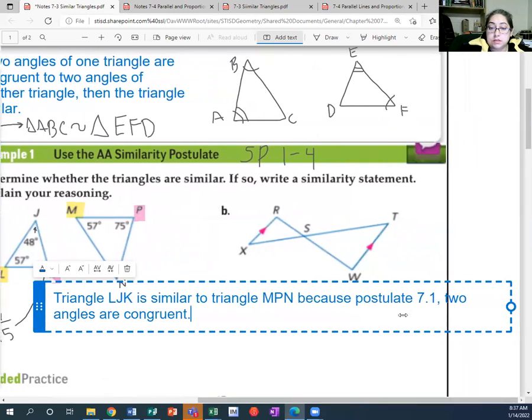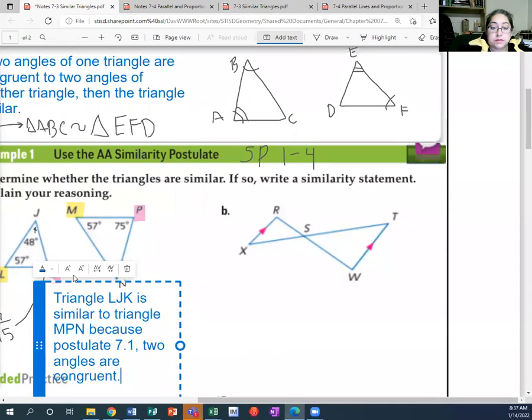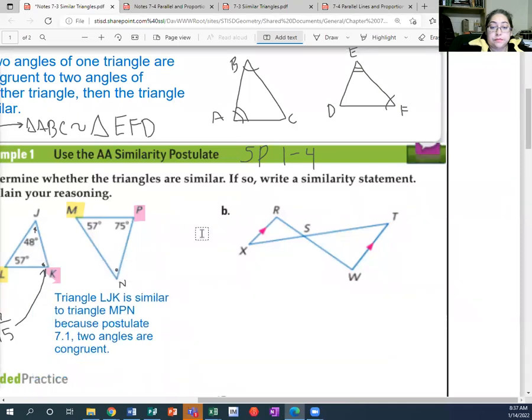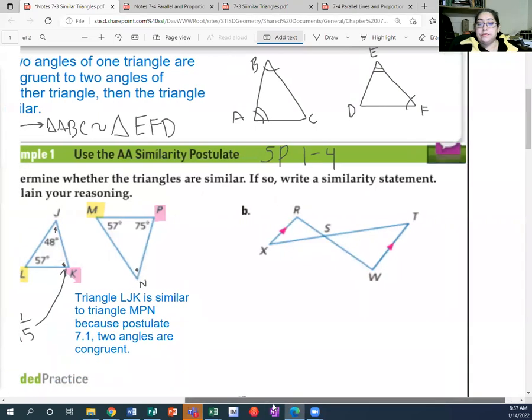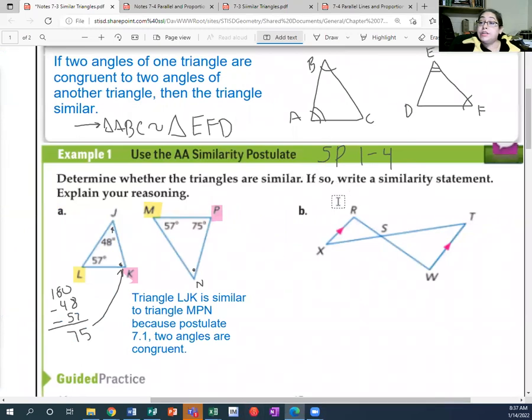Okay, let's make this fit my space a little bit better. There you go. And that's how you're going to do questions 1 through 4.